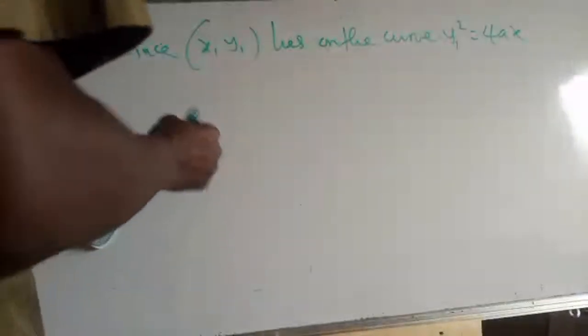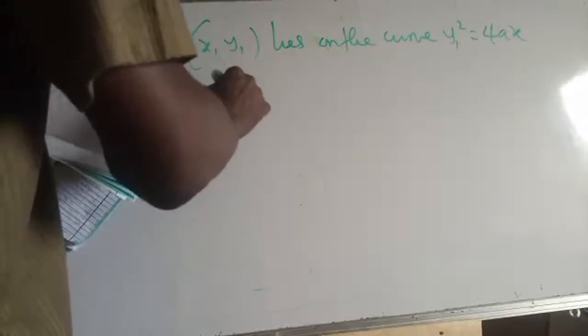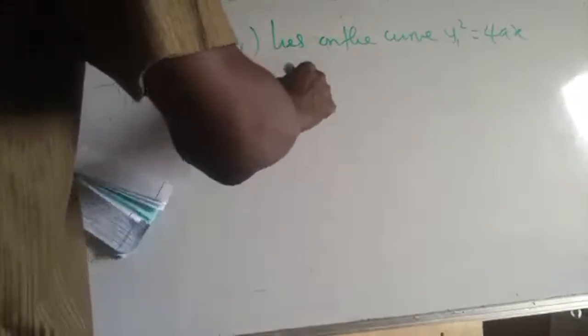You know, that's the parabolic curve. Hence y1 minus 4ax1 is equal to 2ax minus 2ax1.